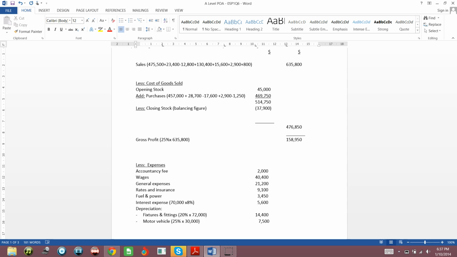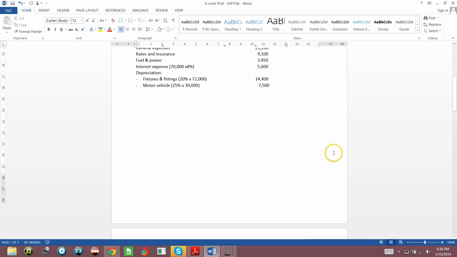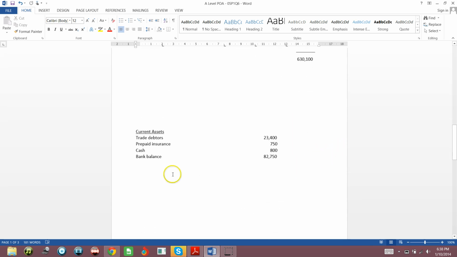So then you can even test it. You see, 514,750 minus 37,900, you get 476,850. So you are correct. This closing stock figure will be the same closing stock figure in the balance sheet. So under current asset, you put here stock.